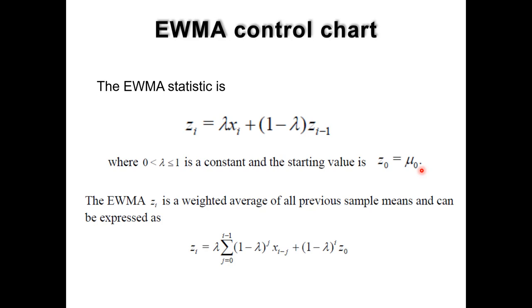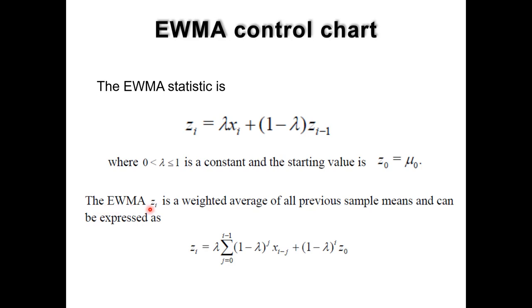Similarly here, those two values will be applied in the second phase. So for example, in the second phase, we use the EWMA control chart. Therefore, the starting value of the EWMA statistic will be mu naught.